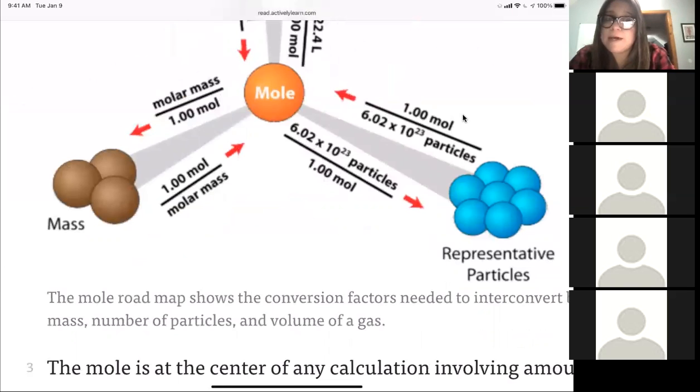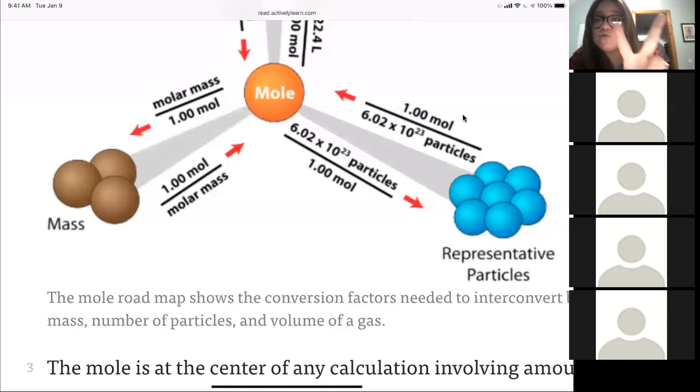Nothing goes straight from mass to particles. However, you can go from mass to moles and then from moles to particles, and that's exactly what we're going to do.